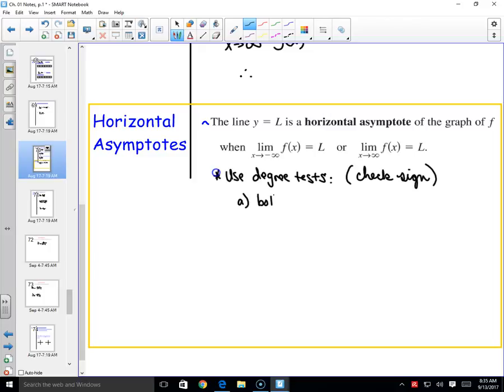Bottom wins. If the bottom wins, what is my horizontal asymptote or what is my limit? Top wins. Yep.